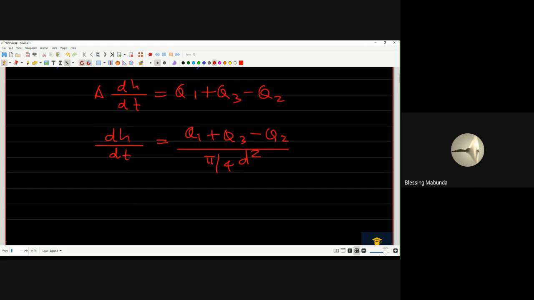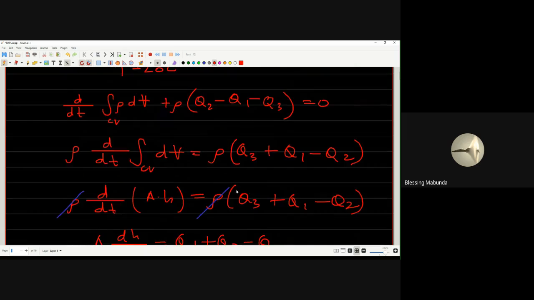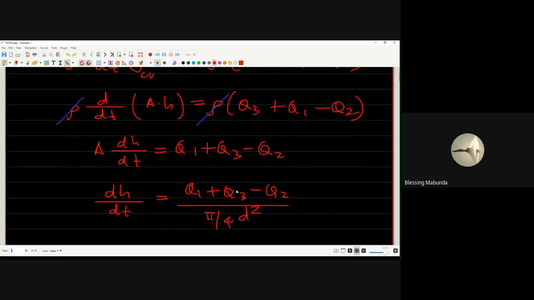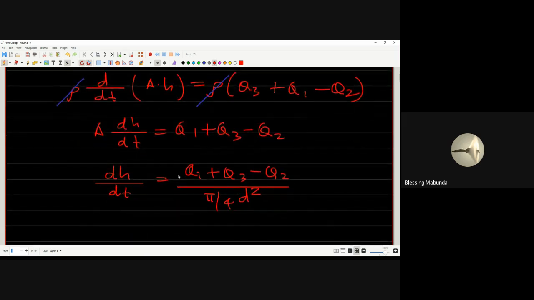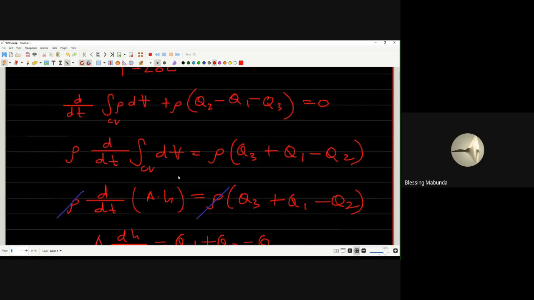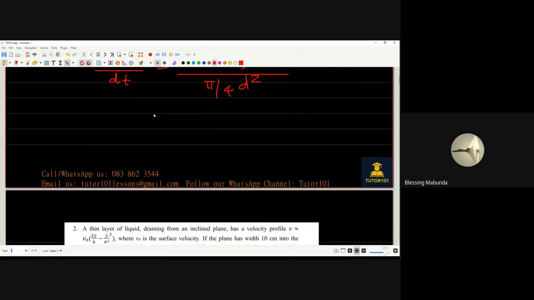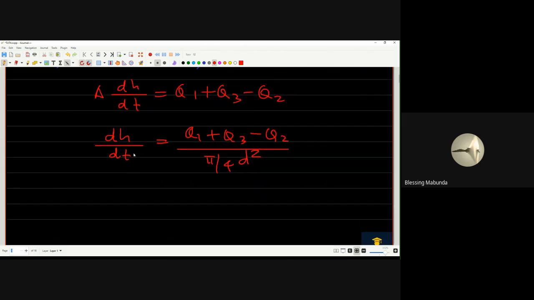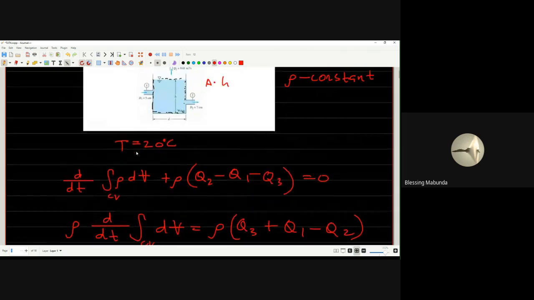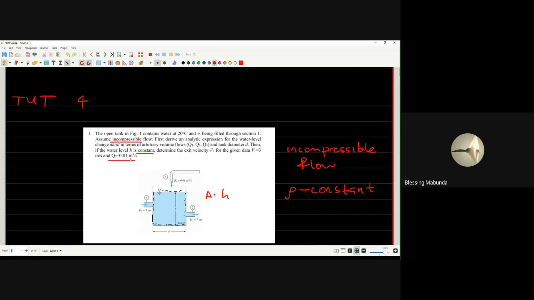What we were given was that if our water level h is constant, that means that the derivative dH/dt is going to be equal to 0, the derivative of a constant.